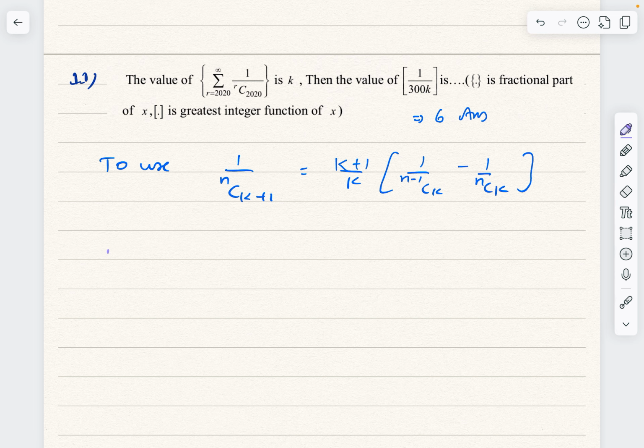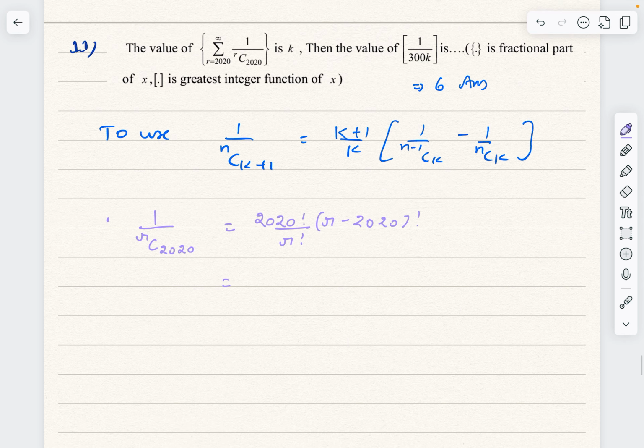We have one more way we can do this thing. We have 1 by rC2020, which will become r factorial, 2020 factorial, (r minus 2020) factorial.